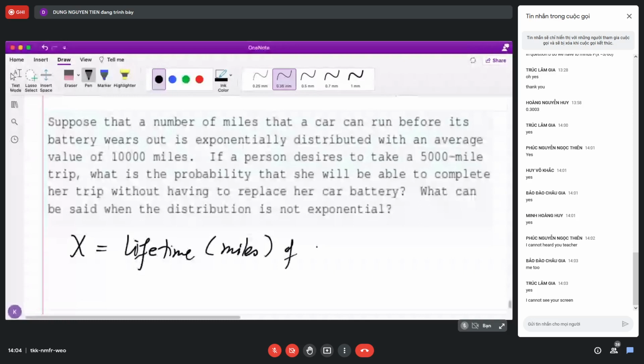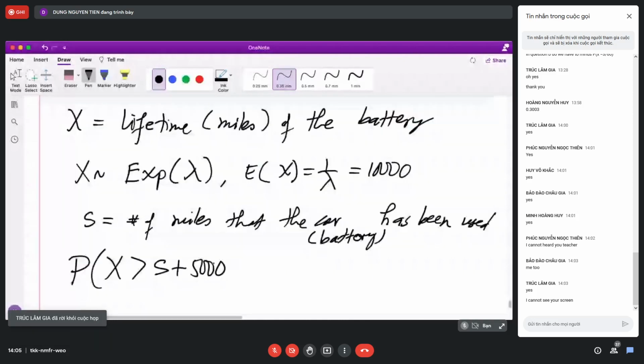Then you want to find the probability that the lifetime of the battery is greater than S plus 5,000, given that X is more than S. Do you understand that?